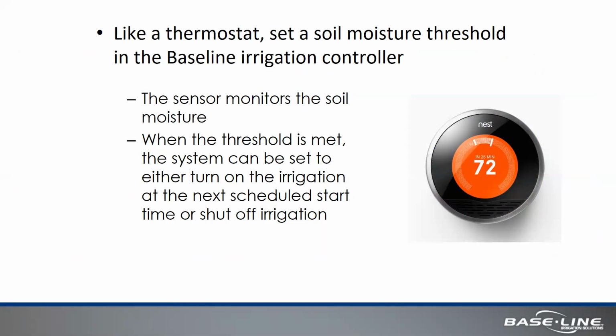So when used properly, the soil moisture sensor acts much like a thermostat in a building application, where it's taking into account all of the different factors that are changing that environment to maintain a desired moisture content and or comparatively temperature in that environment, so that the plants are healthy and happy and not getting overwatered in the process.